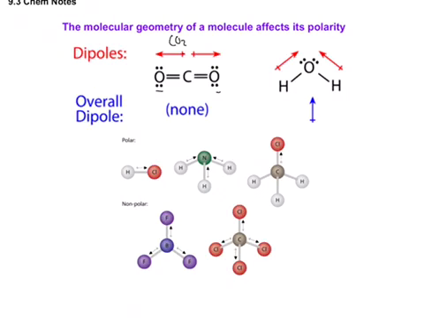So from carbon, some of the electrons are going to be pulled towards the left oxygen, and some of the electrons are going to be pulled towards the oxygen on the right, leaving carbon with a partially positive charge. And so this creates a dipole situation where the oxygens are negative and that center carbon is partially positive.